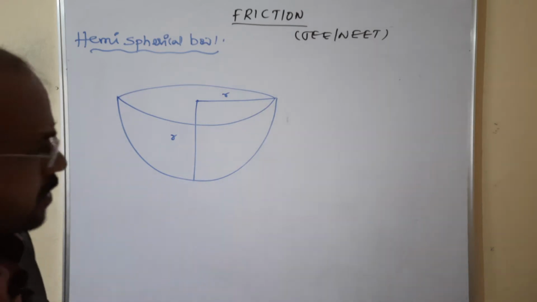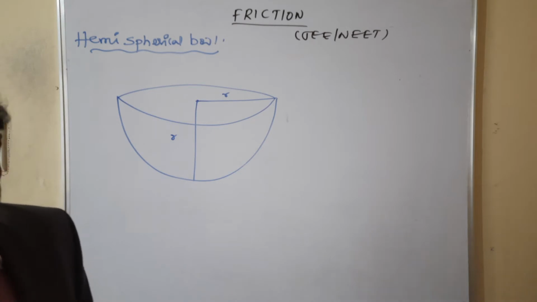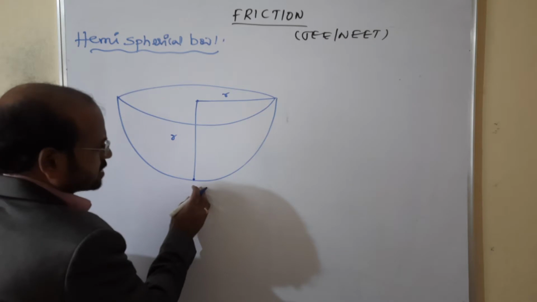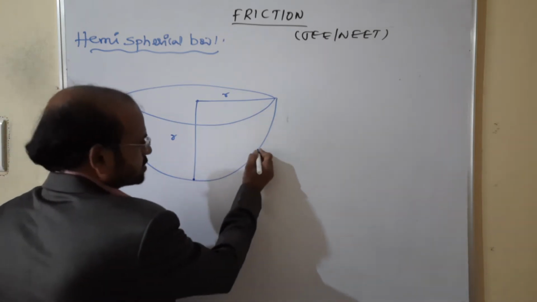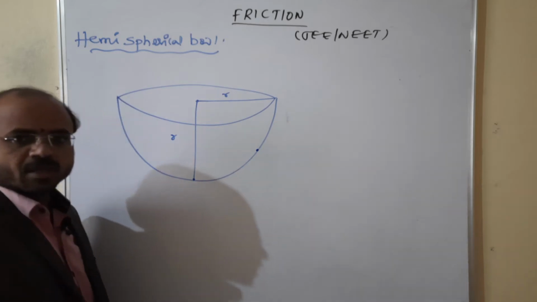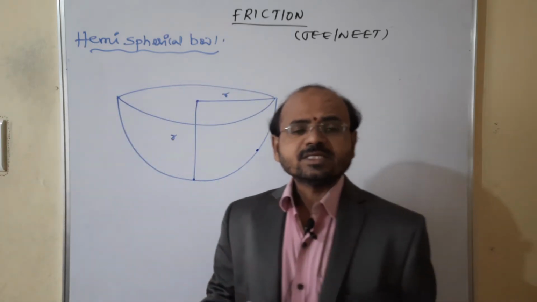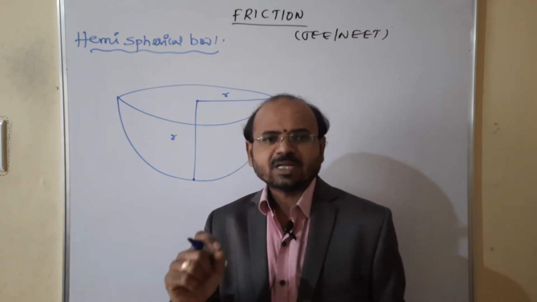And here the concept is related to finding a coefficient, when an insect travels up a certain height. When it reaches a certain height, the insect may lose contact with the surface of the hemispherical bowl.